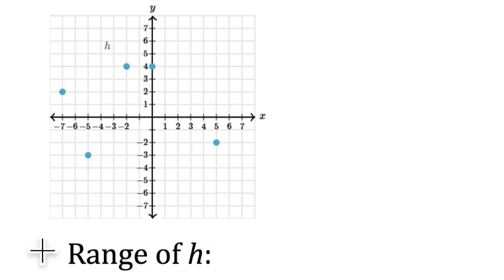All right, we're working with the range here, so we're switching gears, and now we're looking at the y's. What are the possible outputs for this function? So those are the y values. So we're going to look at the y values of these points. Working bottom to top, this point here is a y value of -3. This point here is a y value of -2.